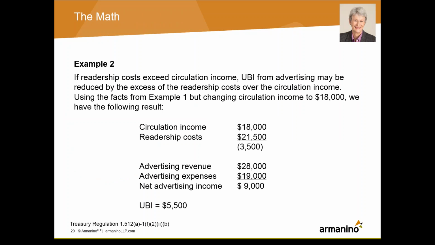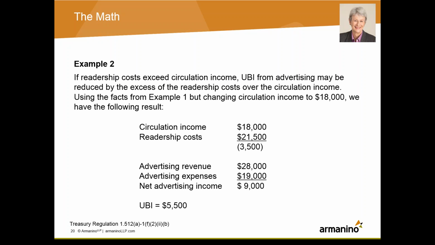Now, in example 2, our readership costs, so what it costs us to publish this newsletter or magazine, cost us more than we can earn from it in circulation income. So circulation income, $18,000, readership costs, $21,500, so we're losing about $3,500. Our advertising revenue, we're still making money on the advertising revenue.